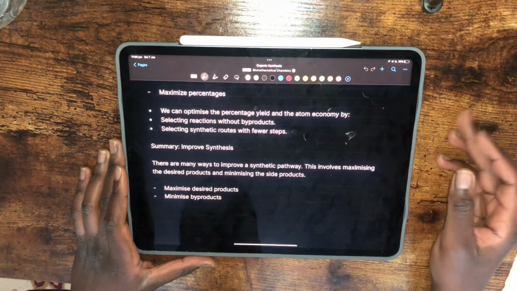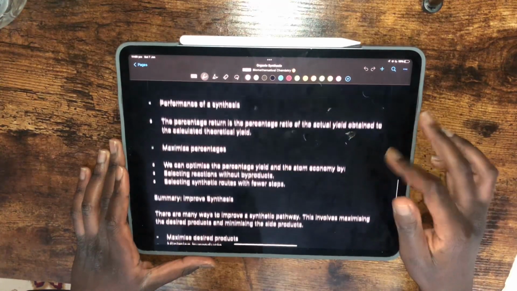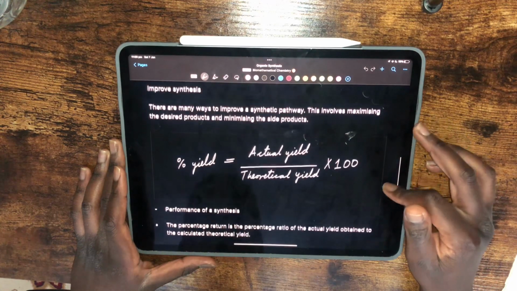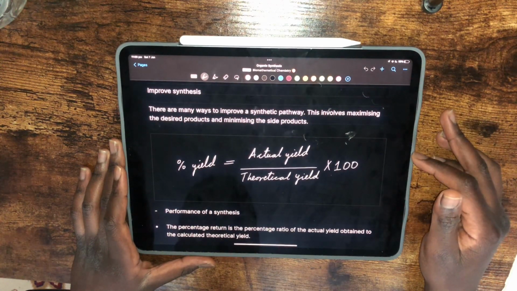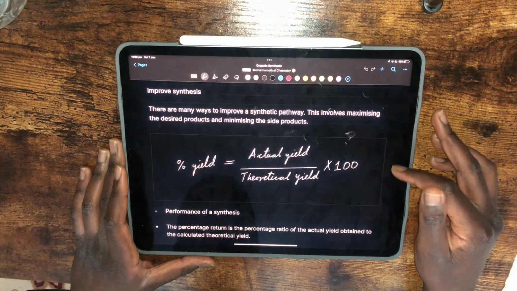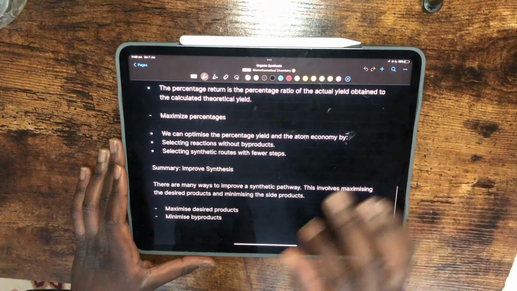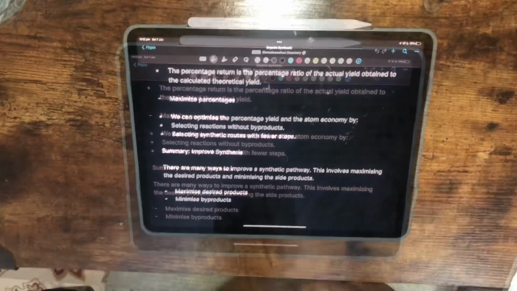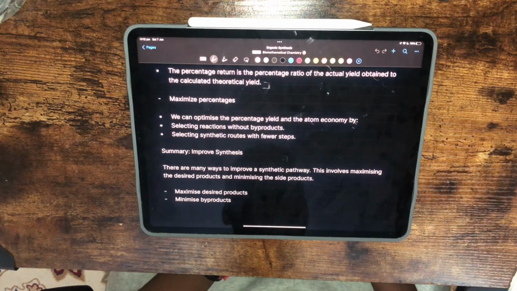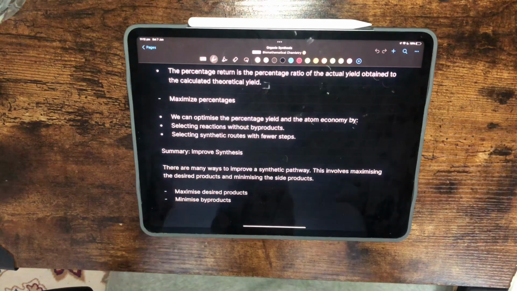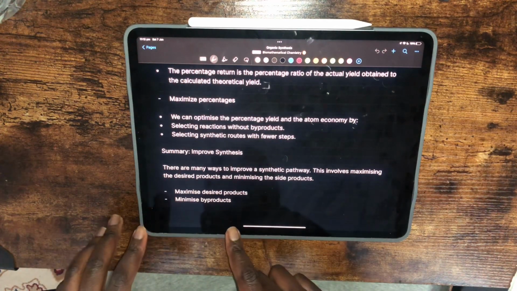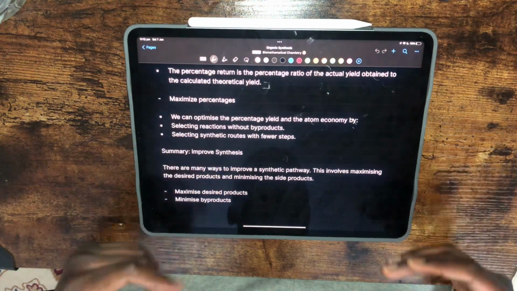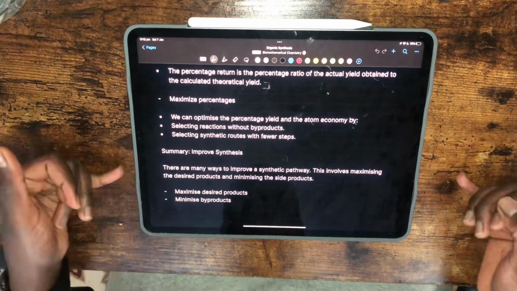And in summary, going back to improving synthesis: as I said before, there are many ways to improve a synthetic pathway. This involves maximizing the desired products and minimizing byproducts. So the main thing is, from every reaction, we're trying to minimize the reactants we use and maximize the product.